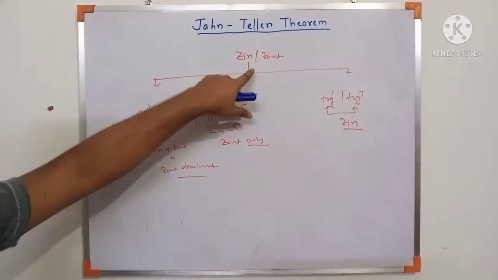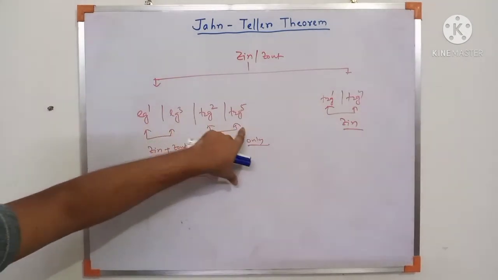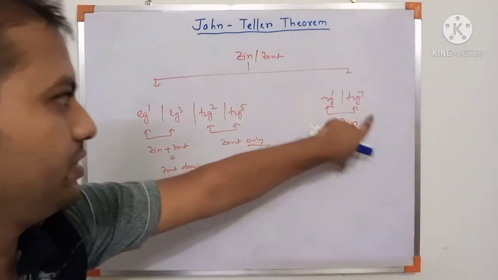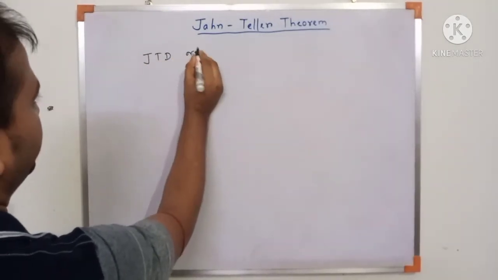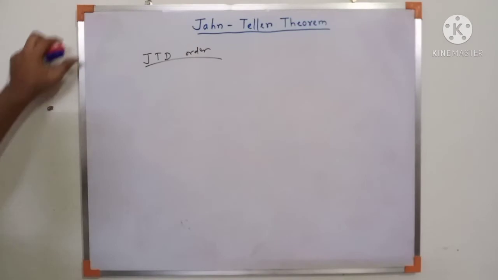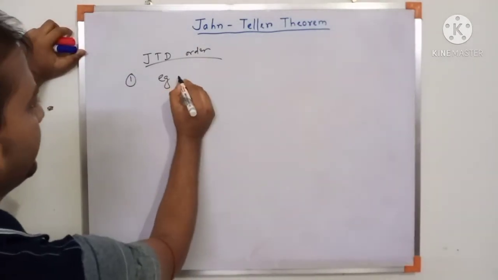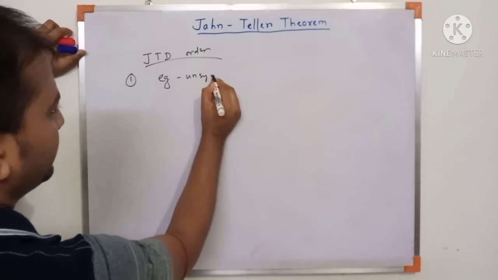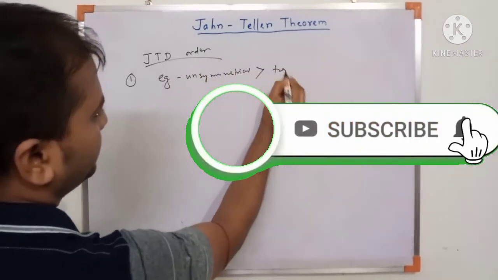Remember the tricks, z in or z out: this is EG1, EG3 and T2G2, T2G5 and T2G1 and T2G4. Third, Jahn-Teller distortion order. First, we see EG unsymmetrical greater than T2G unsymmetrical.